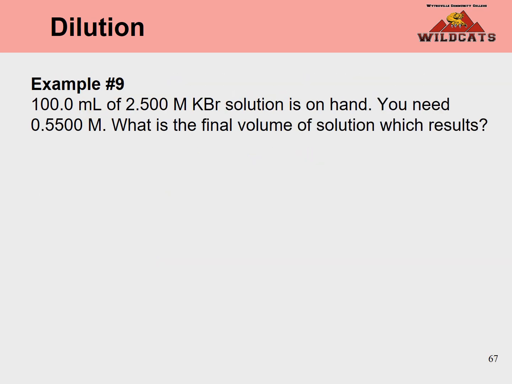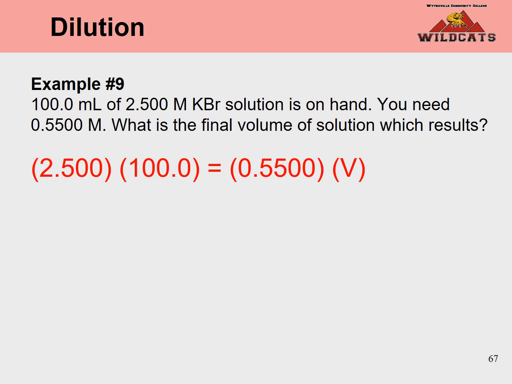Example number 9, I've got 100 milliliters of a 2.50 molar KBr, but I want 0.550. So 2.500 times 100, that's my initial conditions. I want my final molarity to be 0.5500. I want to know what my final volume is, or how far I should dilute this.